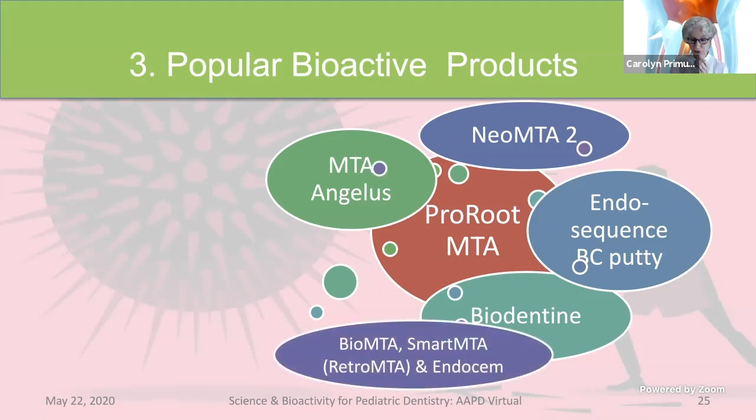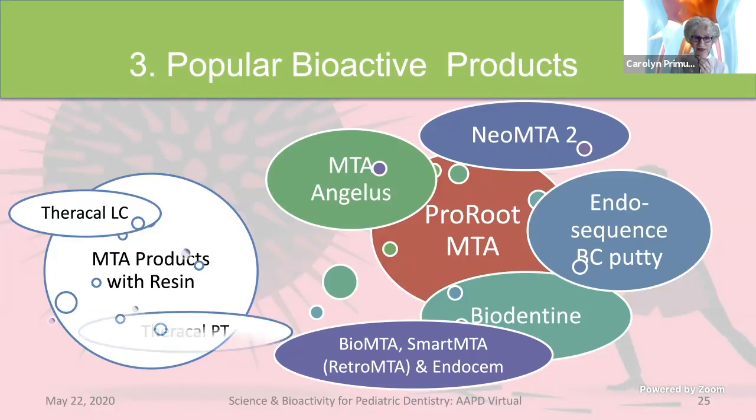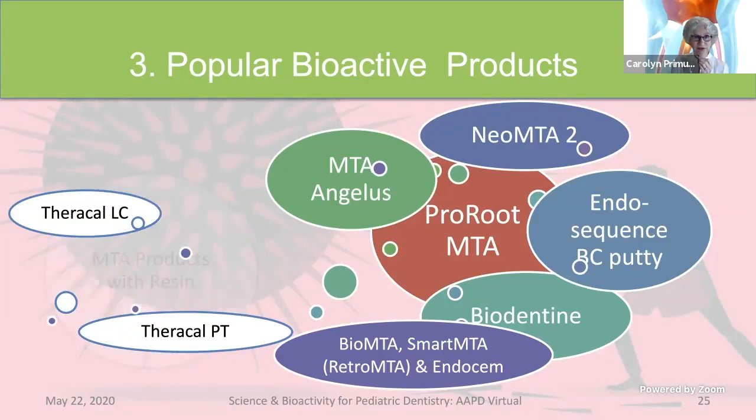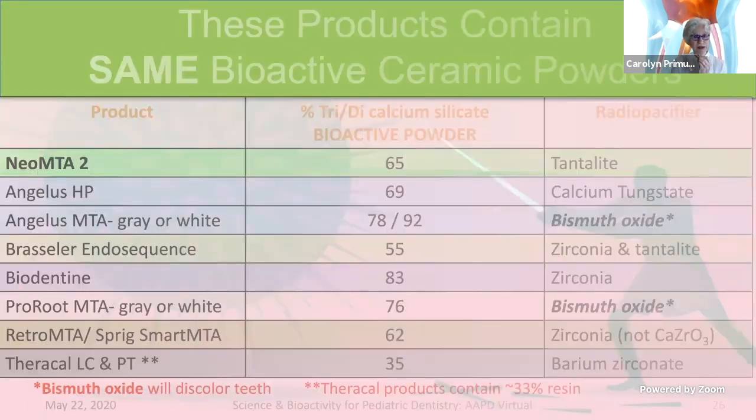And then there are some other materials also from outside the US. Now, I have segregated all those on the right from the MTA products that contain resin on the left, because the resin is a diluent for the bioactivity in my mind. So let's move on and discuss the bioactive products.